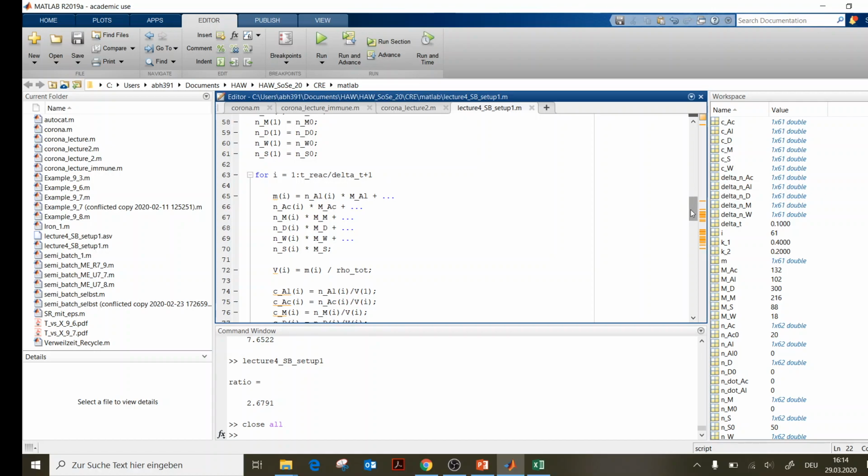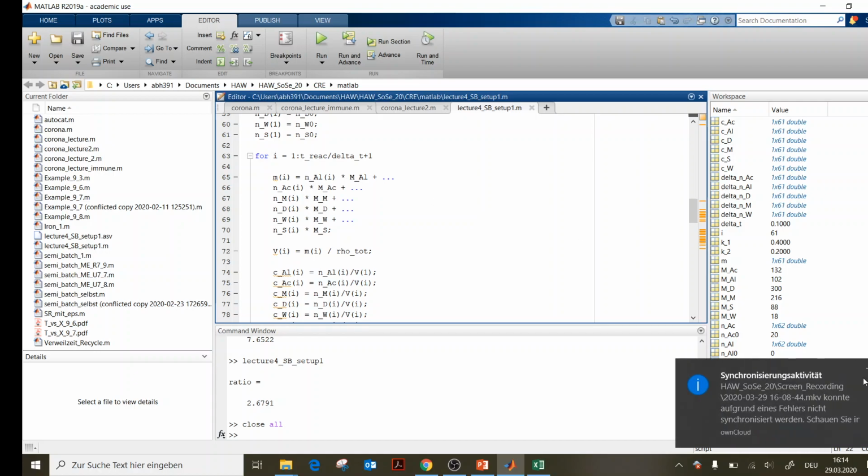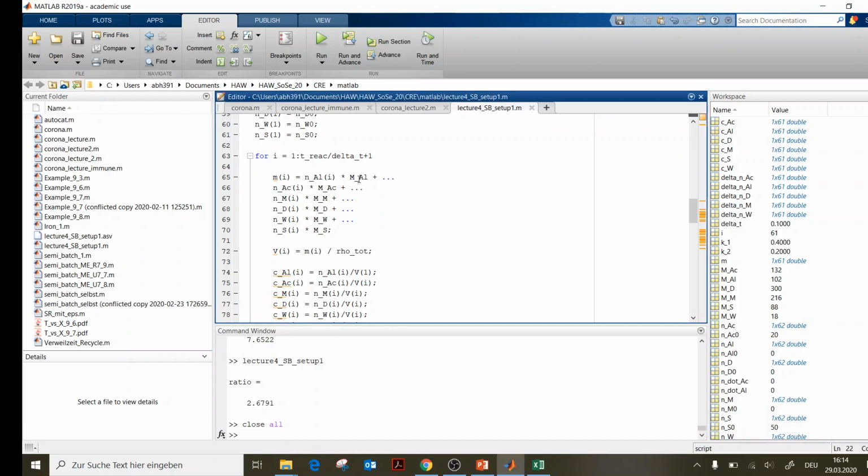As I said in the slides, first you have to calculate the volume. For the volume you need the mass inside it, and the mass you get by just multiplying the mole amounts times the molecular weight of each component. So this is the amount of alcohol times the molecular weight of alcohol, and so on.